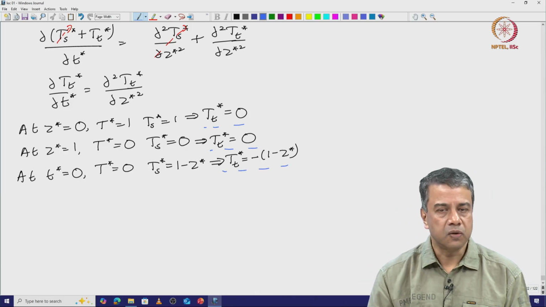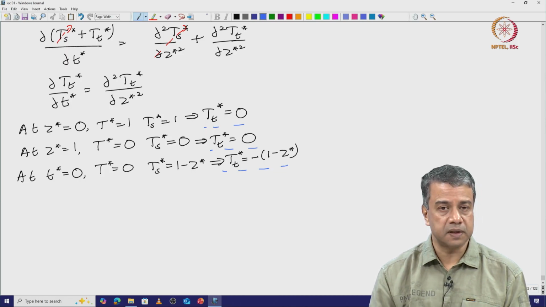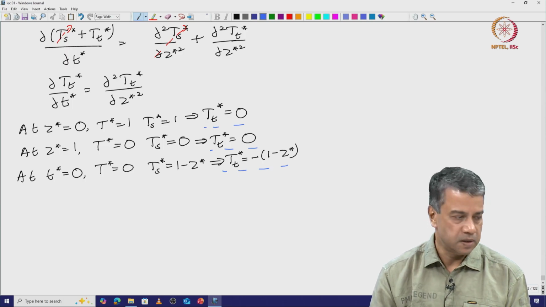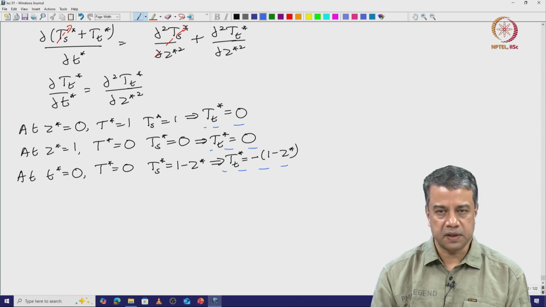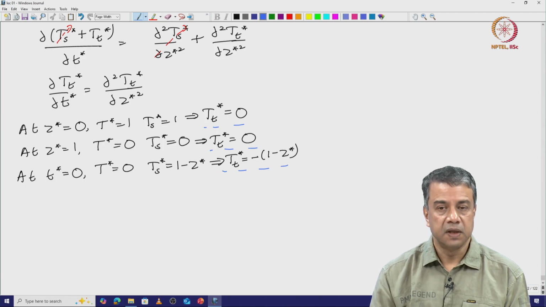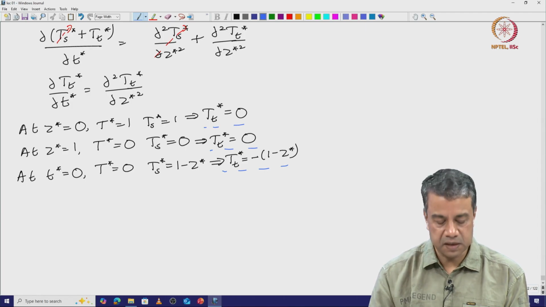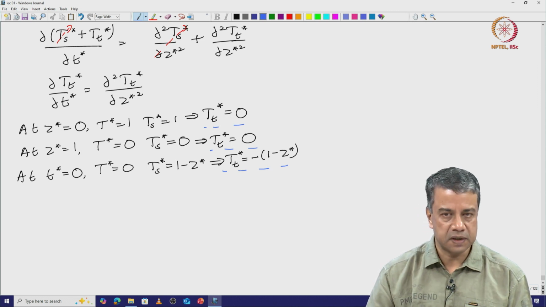Note that the boundary conditions are homogeneous in the sense that the transient part of the temperature is 0 on both walls, on both surfaces, both at z is equal to 0 and z is equal to 1. The transient part of the temperature is non-zero only at the initial condition t star is equal to 0. So, that forcing for the transient part is only at initial time.